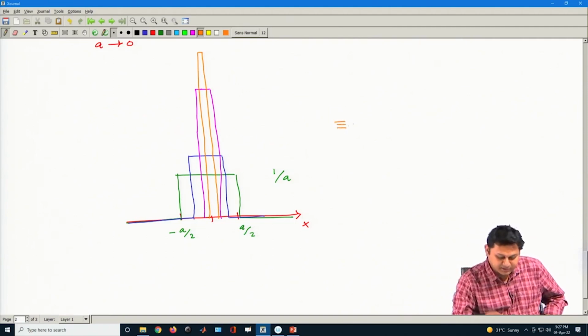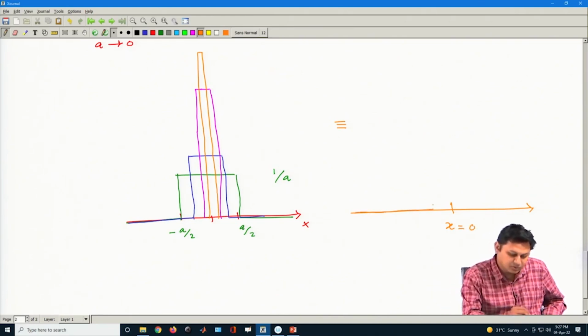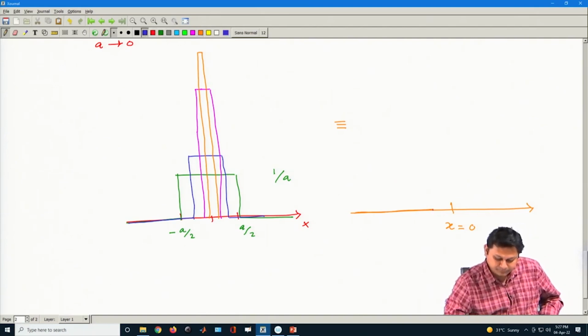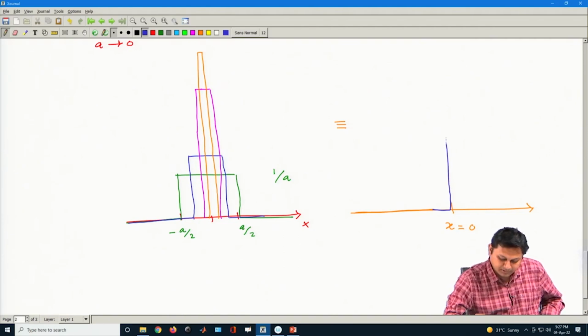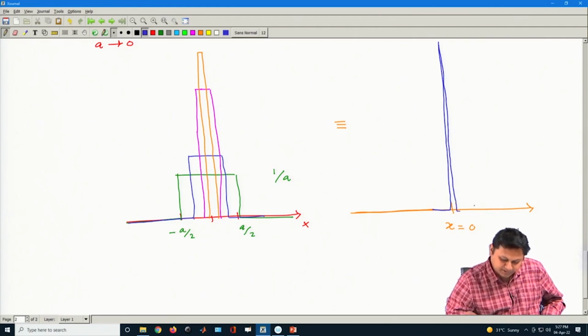An ideal delta function, I already mentioned, goes to infinity at x equal to 0 and is 0 otherwise. So, the ideal delta function is simply this: 0, then a very sharp increment, and this is the condition.